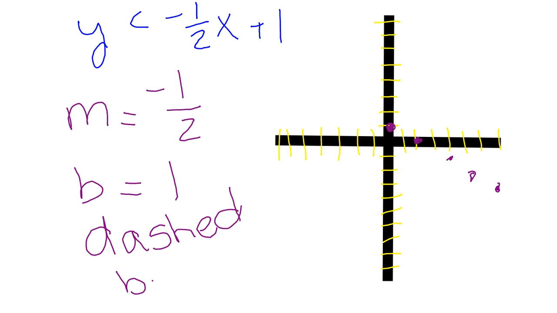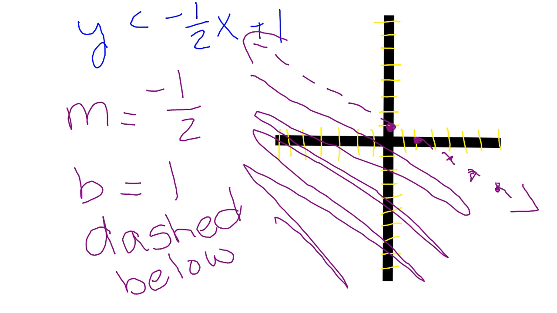For a dashed line, you just make a line, but instead of connecting the points, it's dashed all the way across your graph. Make sure to put arrows on the ends. And then again, we just shade by dragging our pencil through the graph.